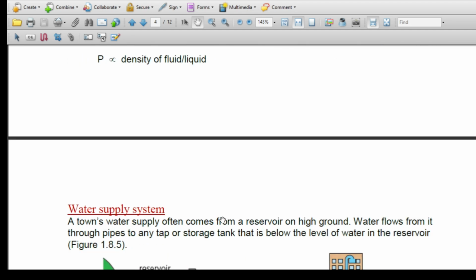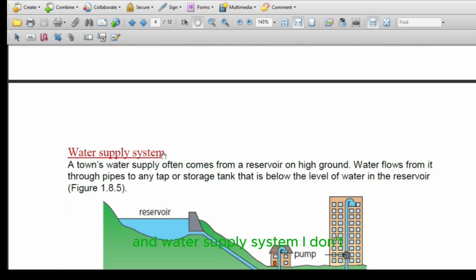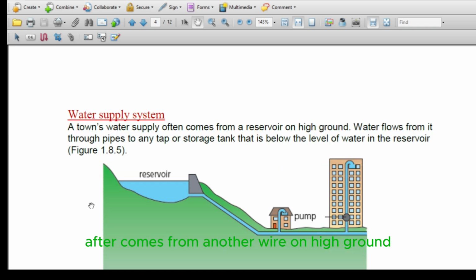And in a water supply system, a town water supply often comes from a reservoir on high ground. This is the high reservoir. From this the water comes to the different levels. So this can be lifted easily because this is at a very high head, while for this transfer of reservoir from the bottom to the top needs a pump.